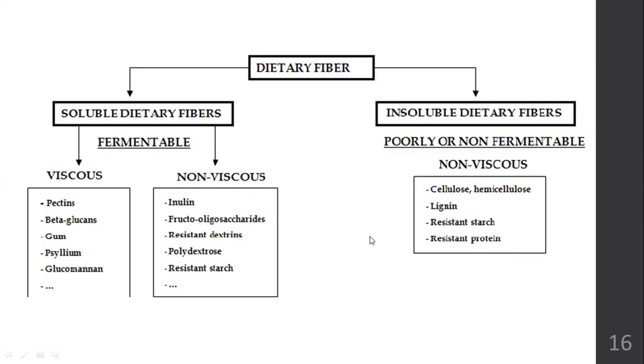Usually, you will find soluble dietary fibers in fruits like apple, oranges, bananas, pears, berries, vegetables like carrot, Brussels sprouts, and sweet potatoes. Legumes like all your dal, lentils, beans, peas, and whole grains like oats, barley, flax seeds, psyllium husk.